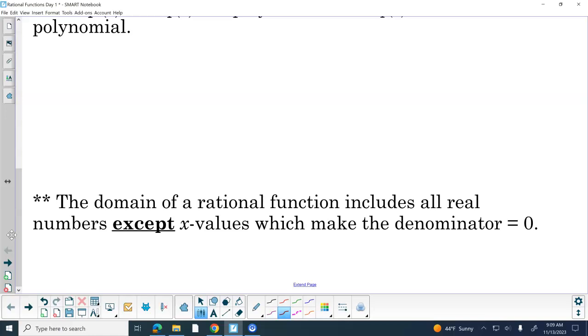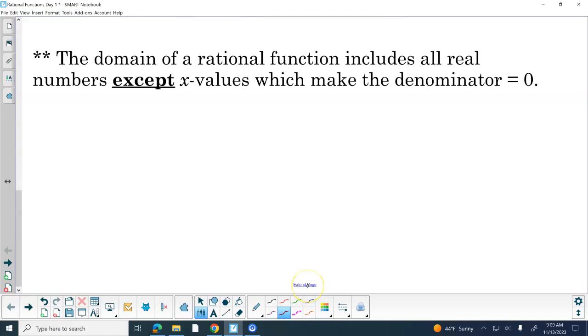So what I mean by that is the domain will be all real numbers. Now, instead of having to write out all real numbers, you can just write the fancy R. The fancy double vertical R is the symbol for all real numbers. Okay?